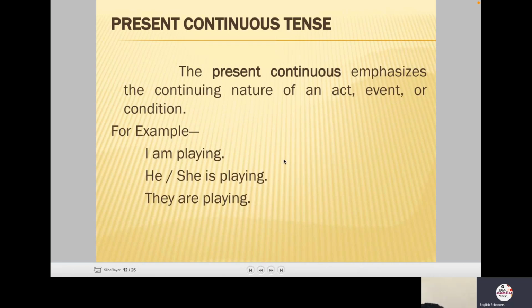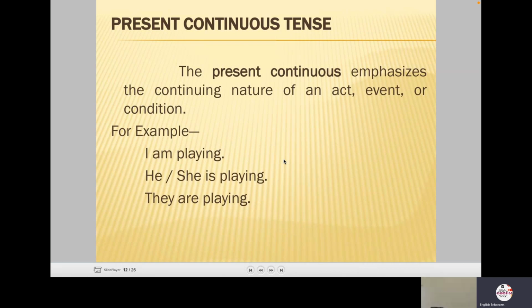Then comes present continuous. Now it talks like present continuous emphasizes the continuing nature of an action, event or condition. For example, I'm playing, he is playing, she is playing, they are playing. हर कोई खेल ही रहा है. So play की जो ing form हमने बना दी वो बन गई playing. The task is going on.